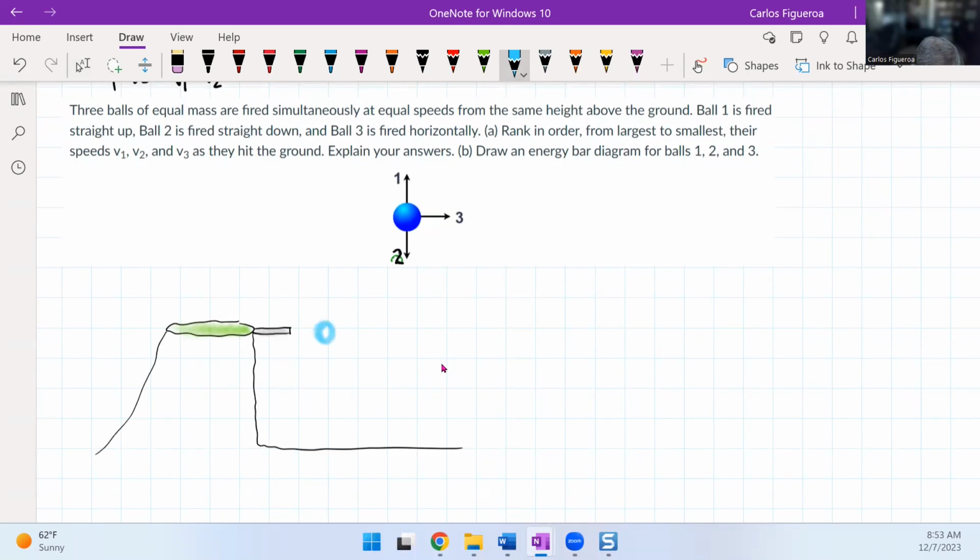The first one is ball number 1, the second will be this orange one, and this third one is going to be this guy. So this guy is 2, 3, and now we know their directions. This one is shot up, this one is shot straight down, and this one is shot horizontally.